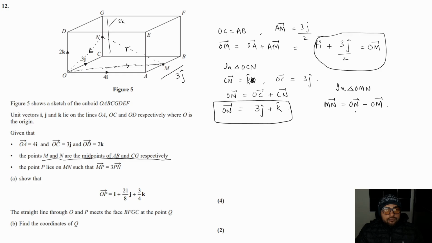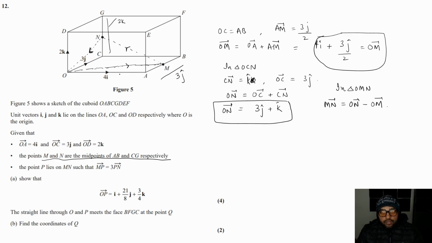Okay, since we require the direction of MN vector, this is why I'm doing it like this. Students, don't get confused. We are applying the triangle law of vector addition. So MN will be equal to ON negative of OM vector.